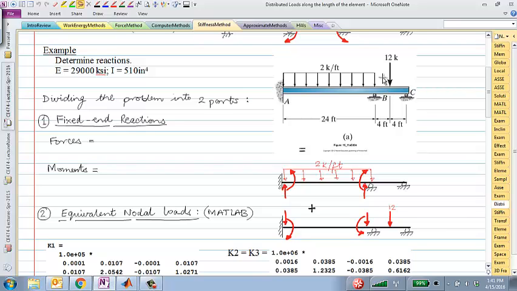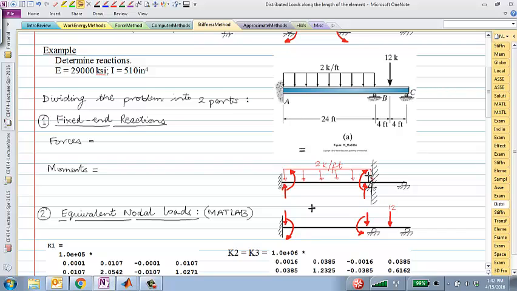The idea again here would be to break it up into two parts, where we will fix this span. This part of the problem is what we will solve by hand. If I apply a uniformly distributed load to a problem that has fixed boundary conditions, I just told you I read off that value of WL square over 12 from that table.